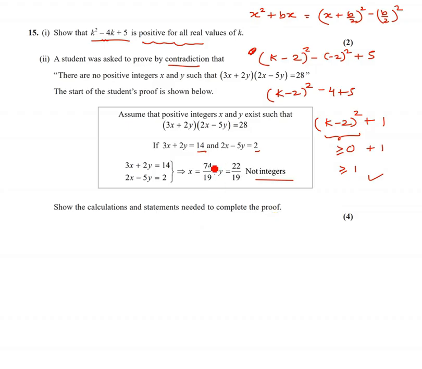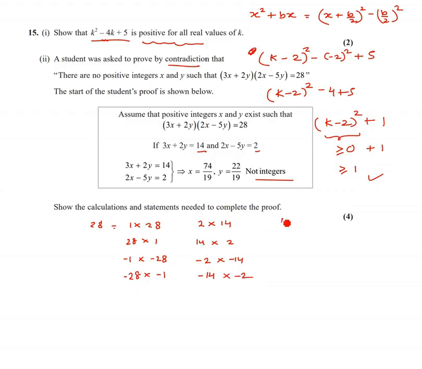Okay, so I think he started correctly, but then he didn't consider all the pairs. Like 28 can be 1 times 28, or 28 times 1, or minus 1 times minus 28, or minus 28 times minus 1. The other possibility will be 2 times 14, 14 times 2, minus 2 times minus 14, minus 14 times minus 2.